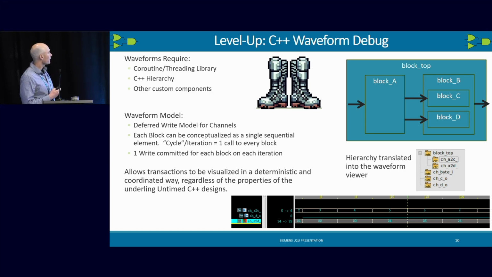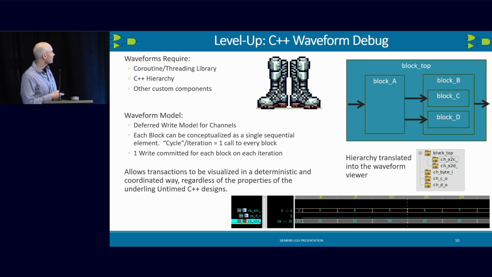A key part of addressing this is using the capabilities we talked about, and then creating a waveform model on top of that. We create a deferred write model for channels, where each block can be conceptualized as a single sequential element, and one call through all of the blocks we think of as one cycle. You give every block a chance to execute, and we call that an iteration.